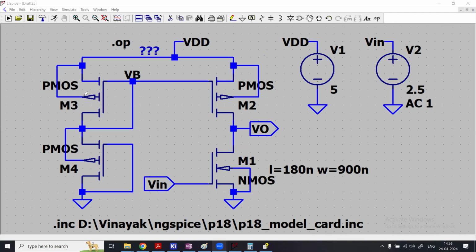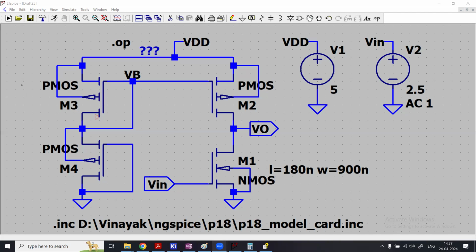Here you can see I have used a PMOS transistor here, and here also a PMOS, here also a PMOS, and here is an NMOS transistor. If you closely observe, each of these transistors has four terminals. That is your source terminal, this is your drain terminal.